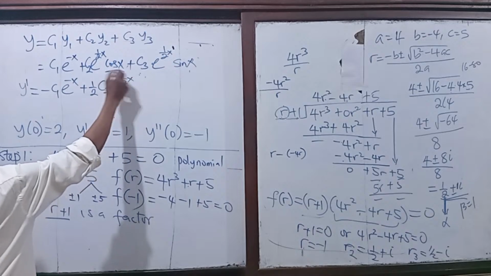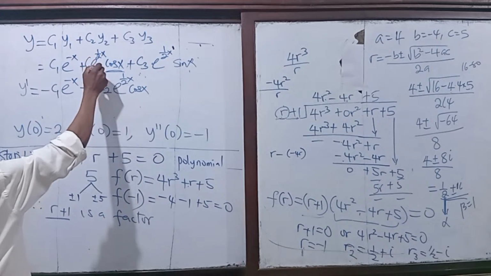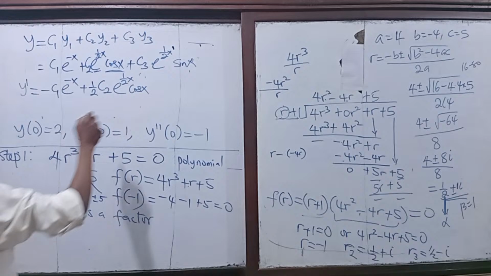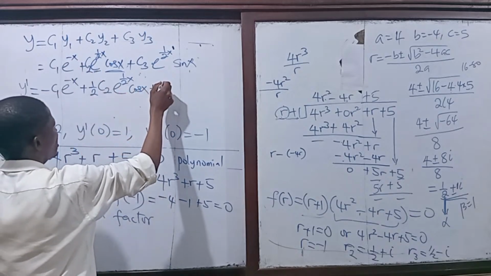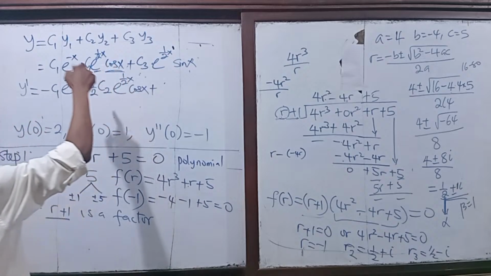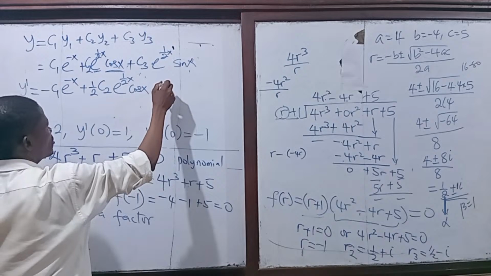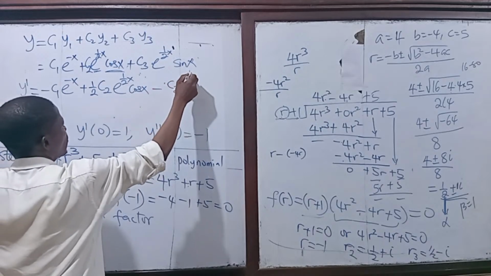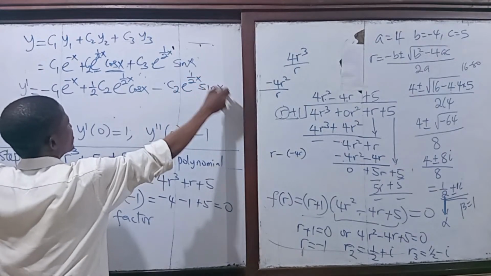I'm taking cosine in the first case as a constant and differentiating the e function. Then keep the e function constant now, and when you differentiate cosine, that will be minus c2 e to the power 1 over 2x, and then sine x.